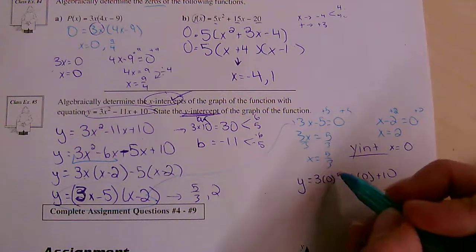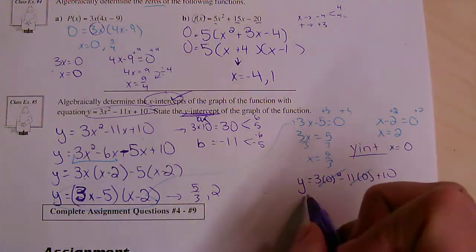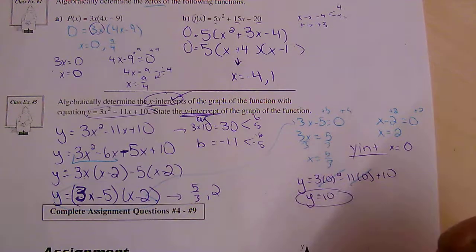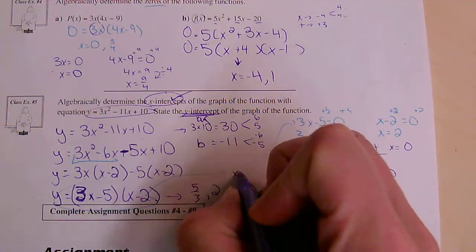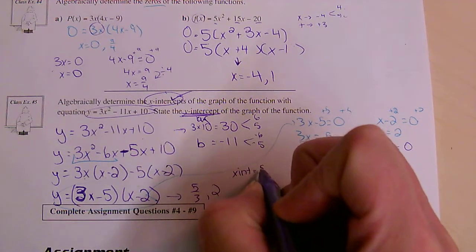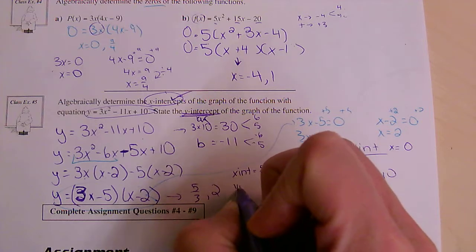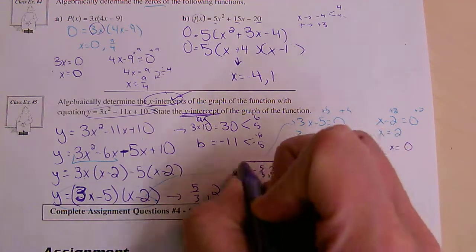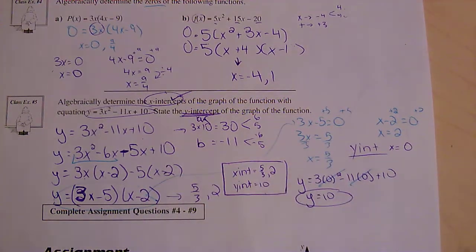These first two terms are going to be 0, so y is equal to 10. For my final answers, the x-intercepts are 5/3 and 2, and the y-intercept is 10. Just put a box around it.